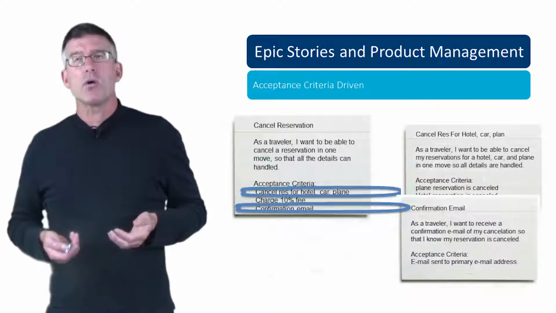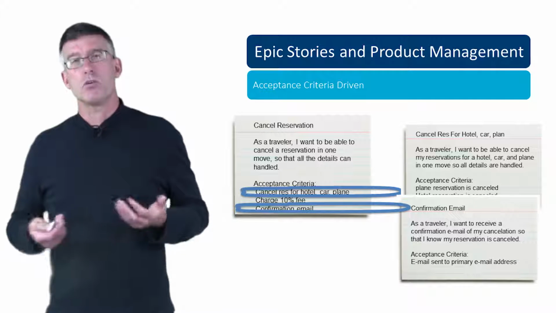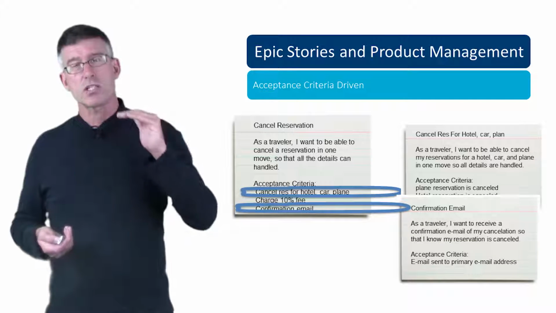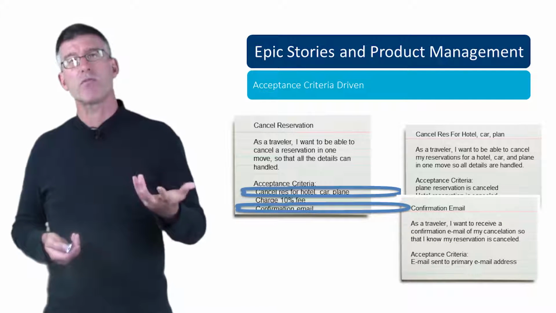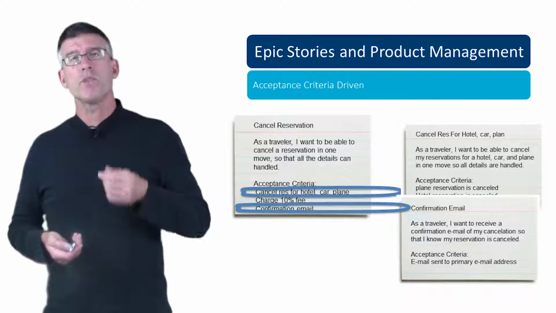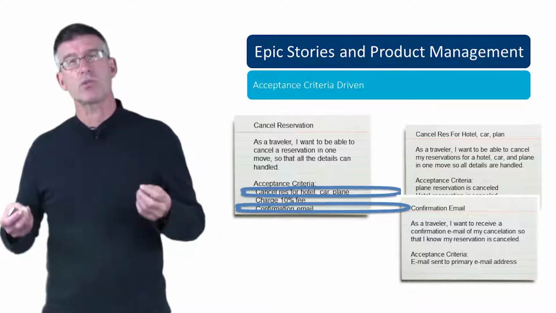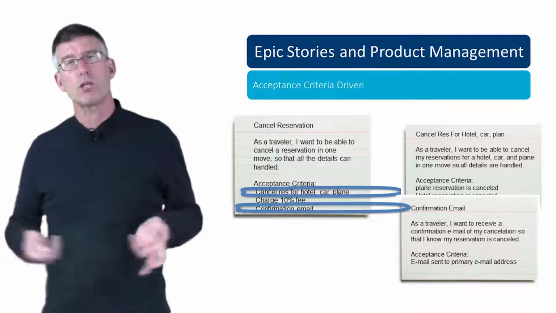The other approach is so-called acceptance criteria. Remember, a user story has a set of acceptance criteria that come from the conversations with the stakeholders and the product owner. Well, each one of these captures something that is valuable to the stakeholder or the product owner.